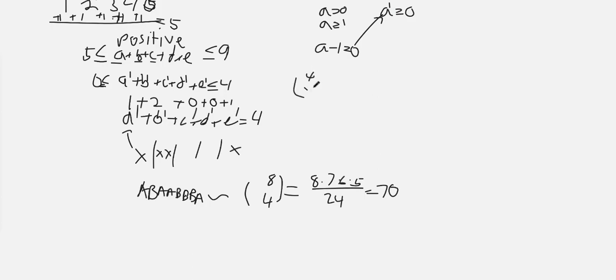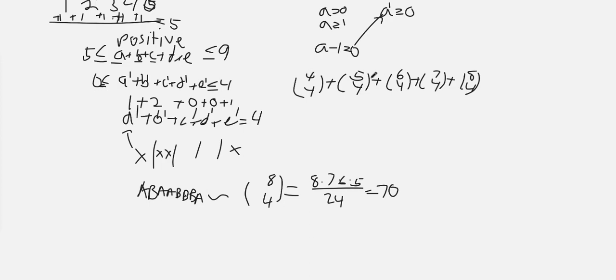4 choose 4 plus 5 choose 4 plus 6 choose 4 plus 7 choose 4 plus 8 choose 4. And I'm getting all these numbers from the fact that you add the number of pluses to the number you're trying to equal.